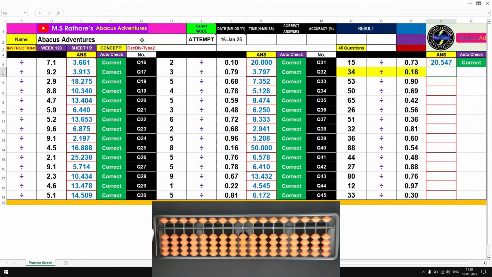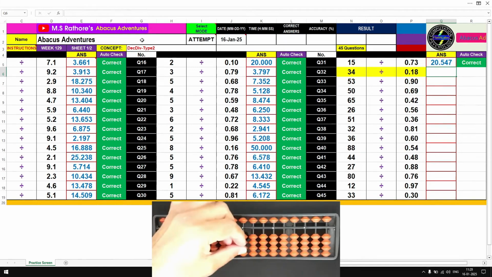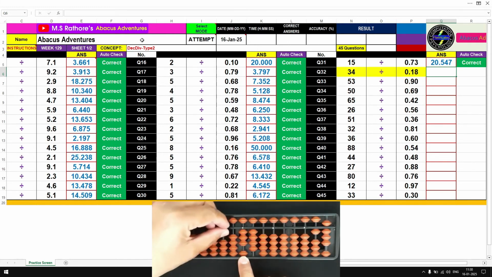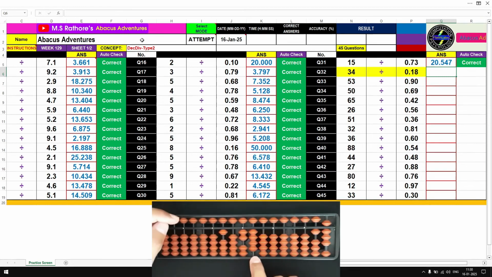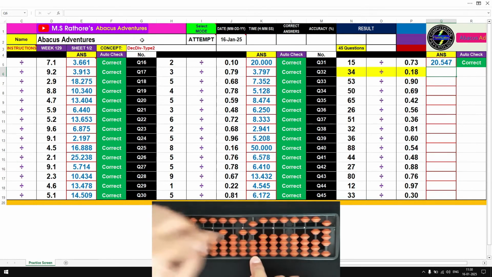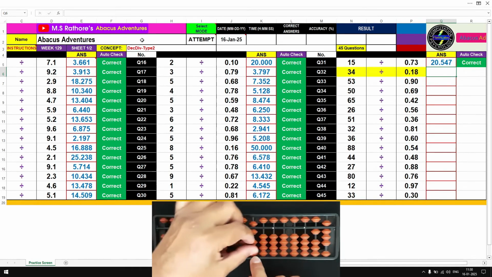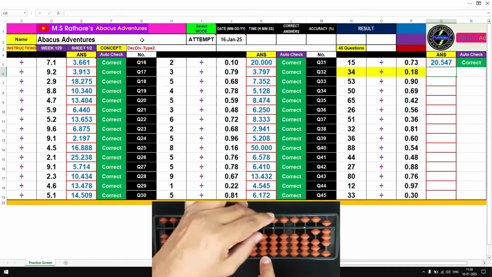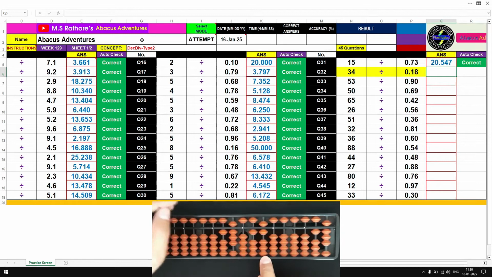Question number 32, 34 divided by 0.18, placing 34 from rod number 1, divided by 18. My finger is below 3. 1 1 is minus 1, shifted. 8 1s are minus 8, new number is 16. 1 8 is minus 8, shifted. 8 8s are minus 64, new value is 16 again.